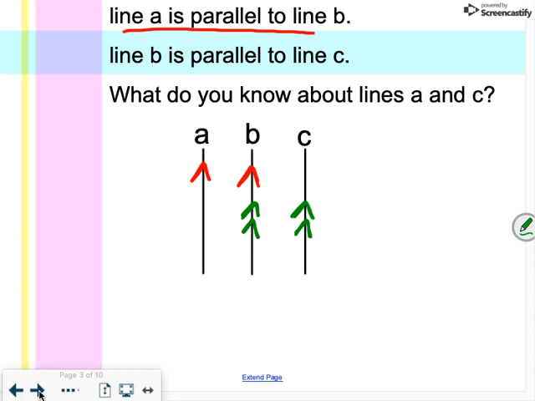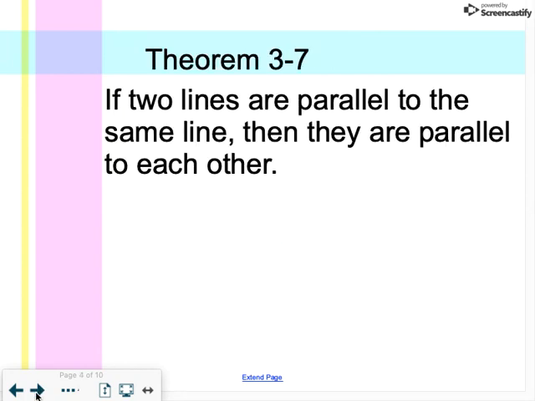We can then just say, oh, well, A is also going to be parallel to C. If they're parallel to the same line, they're going to be parallel to one another. So that's what this talks about right here. If two lines are parallel to the same line, then they are parallel to each other.